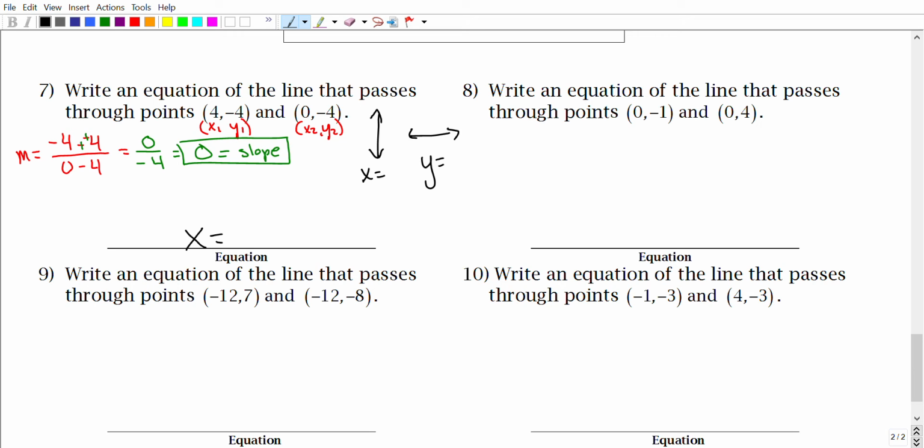Okay, I'm sorry, totally messed that up. It's the y equals line. Give me 1 second. Let me go ahead and erase that real quick. So again, if I were to draw this right here, horizontal lines there have slope of 0. Vertical lines here have a slope that is undefined.